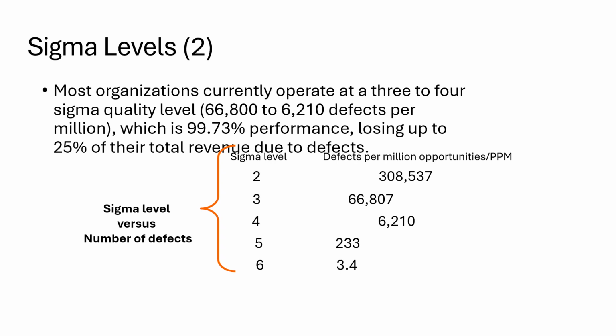If a barista was to produce 1 million grande lattes, only 3.4 of those would be defective. That's amazing customer experience, right? So we want to operate at a 6 sigma level.